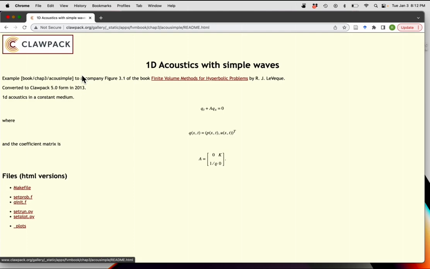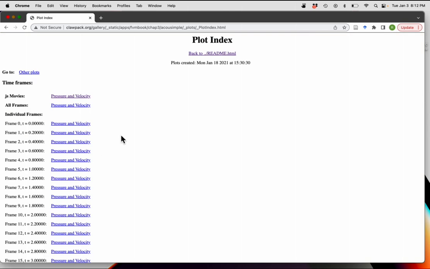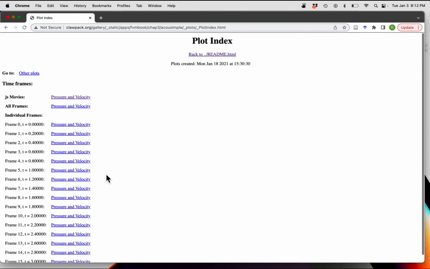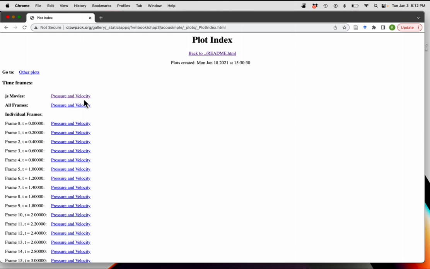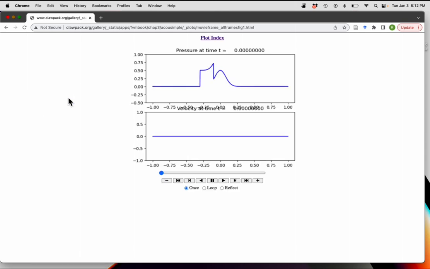There's a README file that has the equations here. And then if you go to the plots directory, there's plots of the solution at many different times. But this JS Movies shows you an animation created by putting all these plots together. So I'll just show this animation to illustrate the solution of the acoustics equation with different boundary conditions.